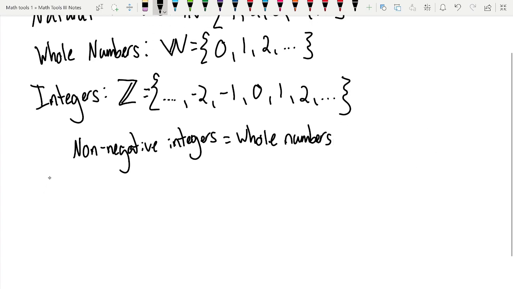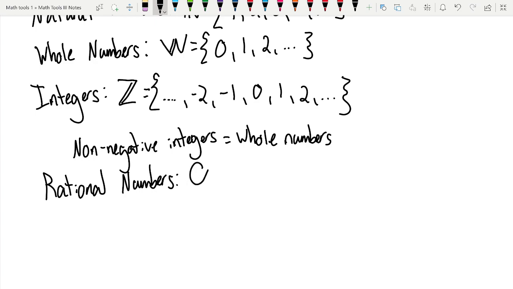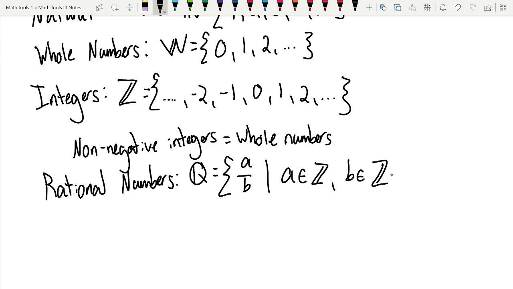Now, of course, we have the rational numbers. The rational numbers is typically represented with a Q with another line over it. And this is going to be the set of all numbers A divided by B such that A is an integer and B is an integer.